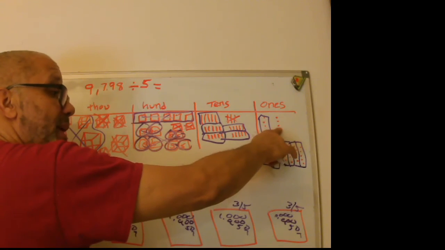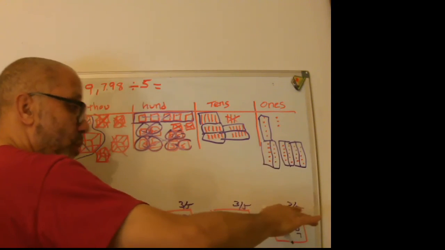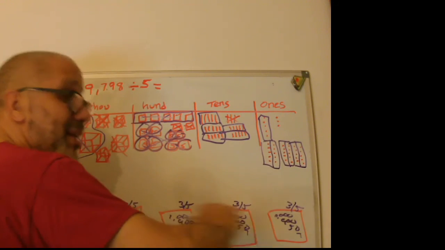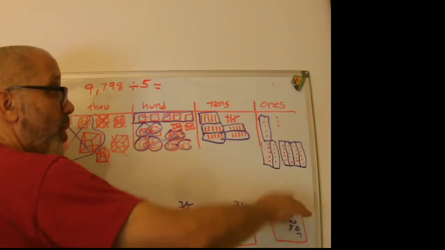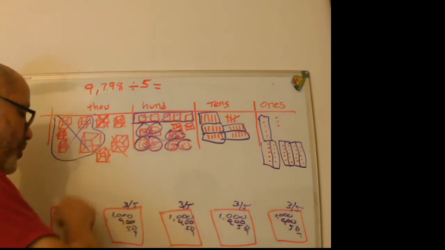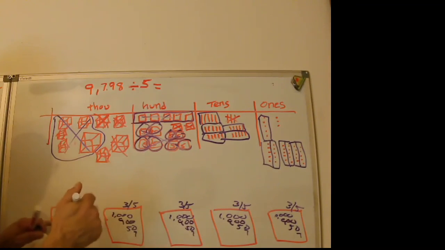Each one of these is cut into 5 equal-sized pieces. Each one gets a piece of the 5, 1/5, then each one gets another 5th. 1/5 out of here goes to each one. Another 5th out of here goes to each one. And a 3rd 5th out of here goes to each one, meaning 3 fifths each.